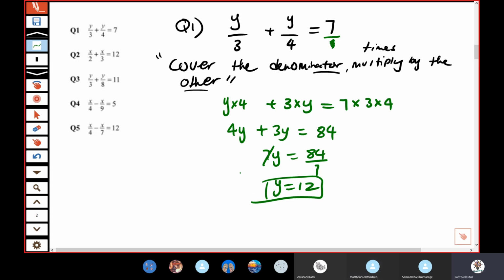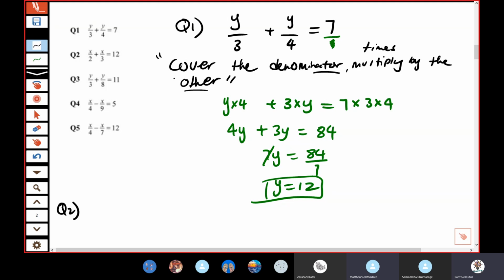Any questions? Sam, just really quickly, yes. How come on the first line you did y times 4? Isn't it 3? Would you get the same answer if you just do 3 times y and 4? How come it's not in order?